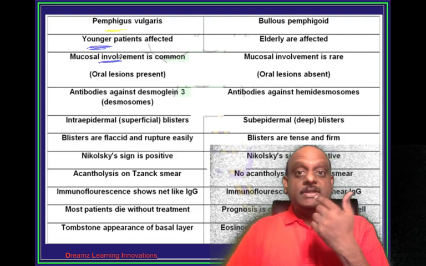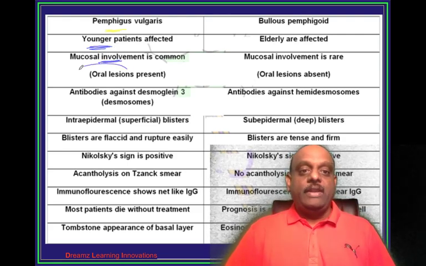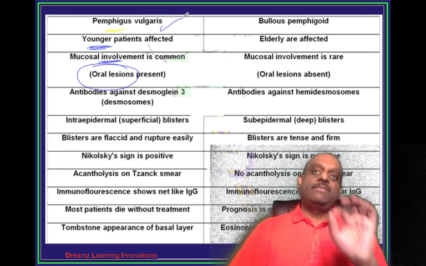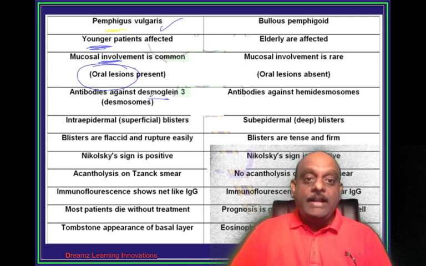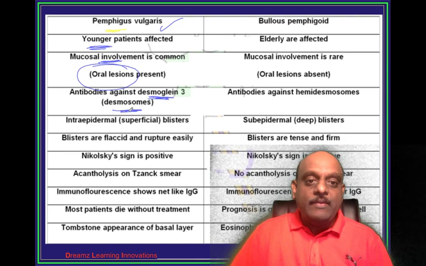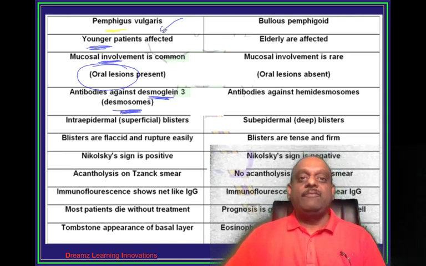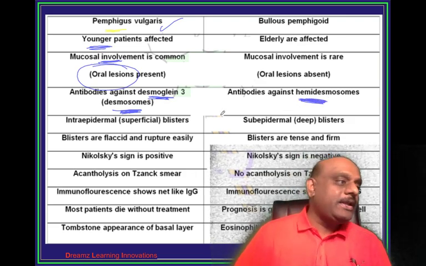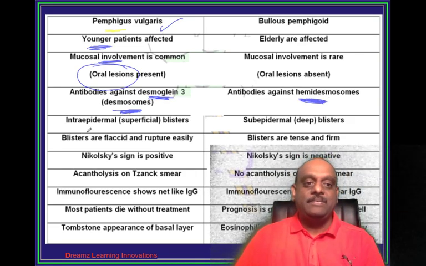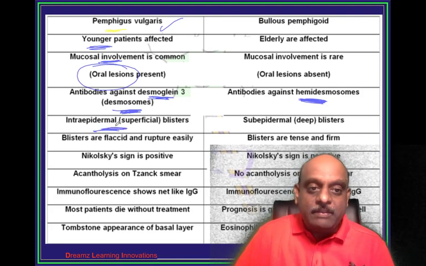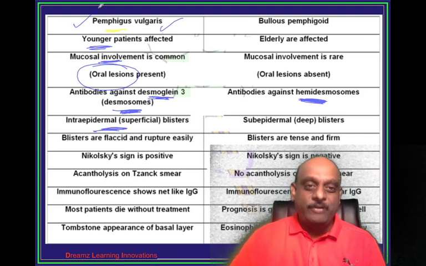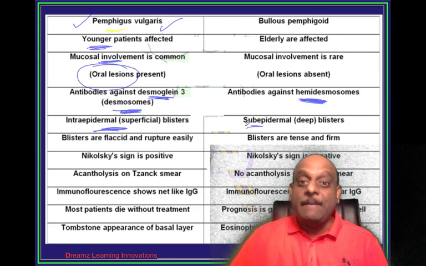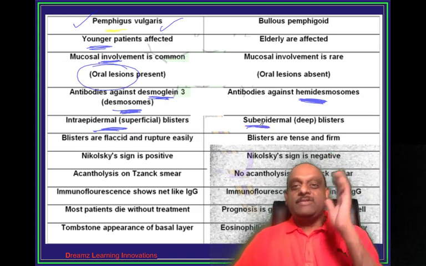Mucosal involvement, where the oral lesions are seen, is a feature of vulgaris. Antibodies against desmoglein 3, which is desmosome, is Pemphigus vulgaris, whereas antibodies against hemidesmosome is bullous pemphigoid. Then intraepidermal blisters is the feature of Pemphigus vulgaris, whereas subepidermal hota hai bullous pemphigoid.